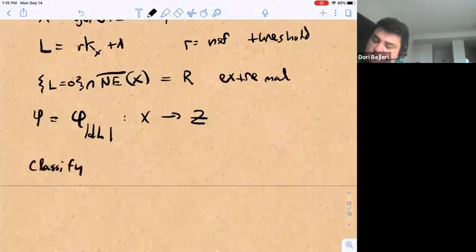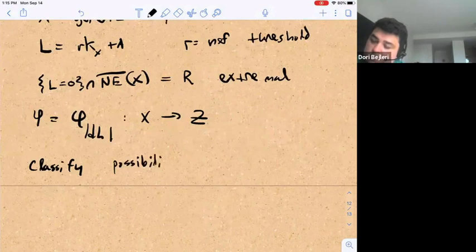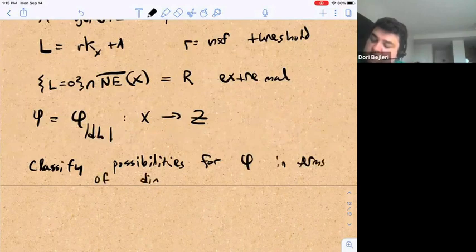So that's where we'll go at the beginning of next class. And that's exactly where our classification theorem will fall out of.